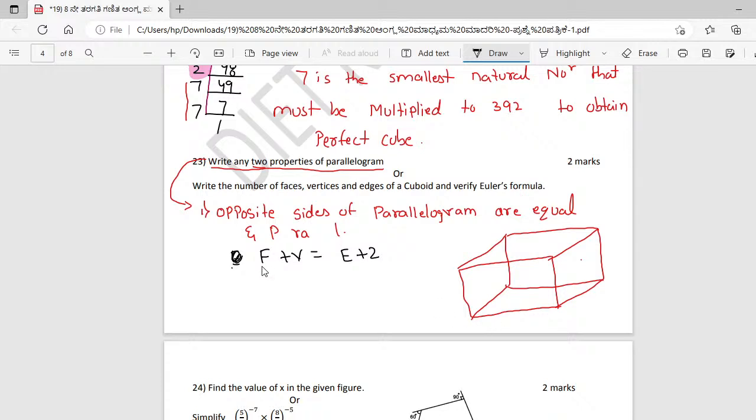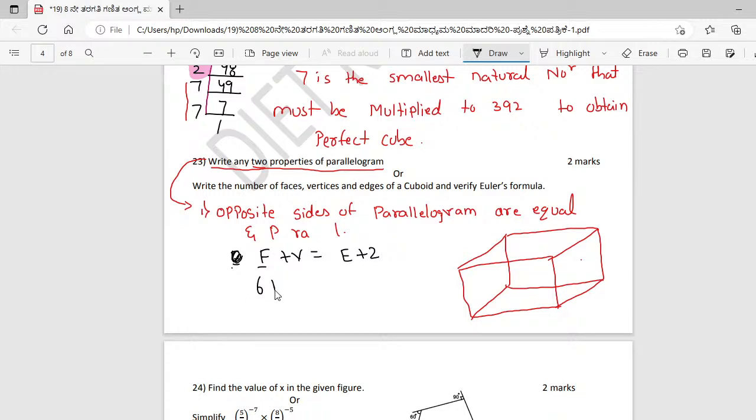First, F stands for faces. Count how many faces there are in your compass box. Just count all the faces of the cuboid: top, bottom, back, front, right side and left side. So totally there are 6 faces.